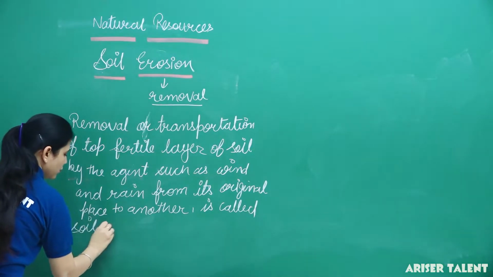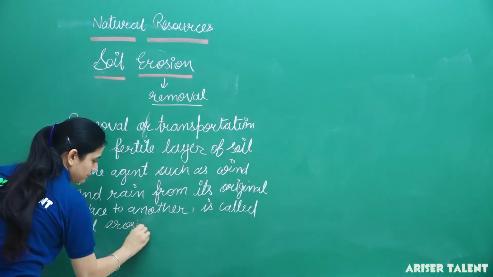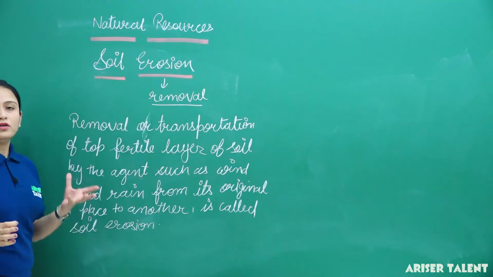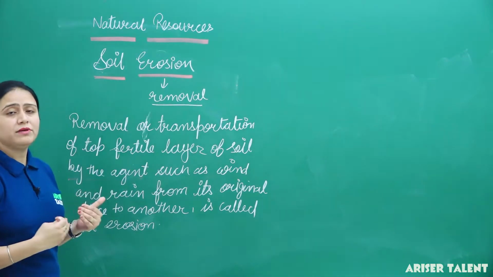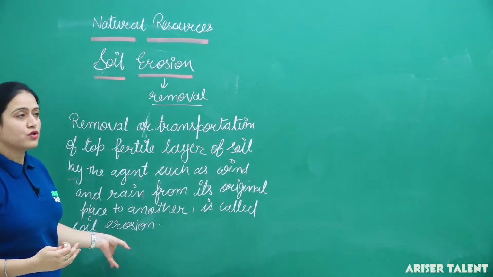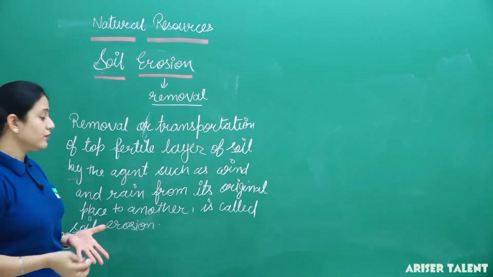When the top fertile soil gets washed away or shifted from one place to another, this is known as soil erosion.